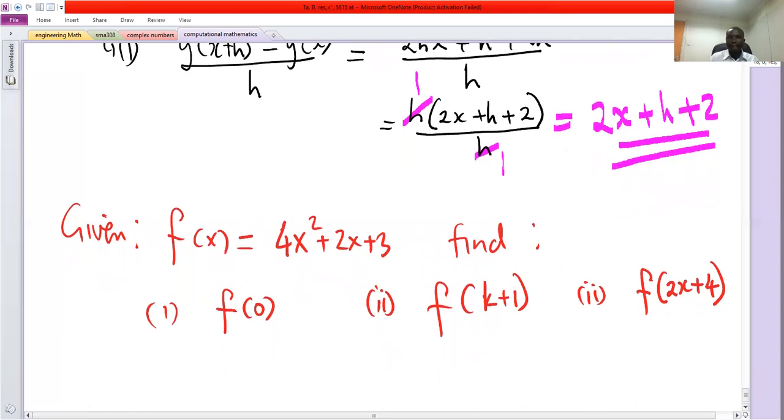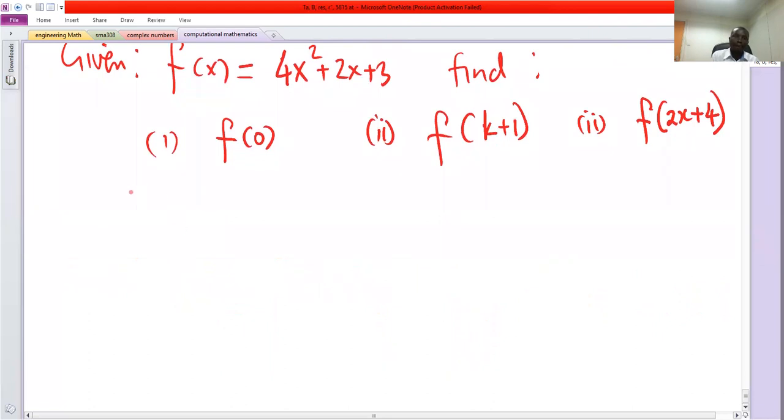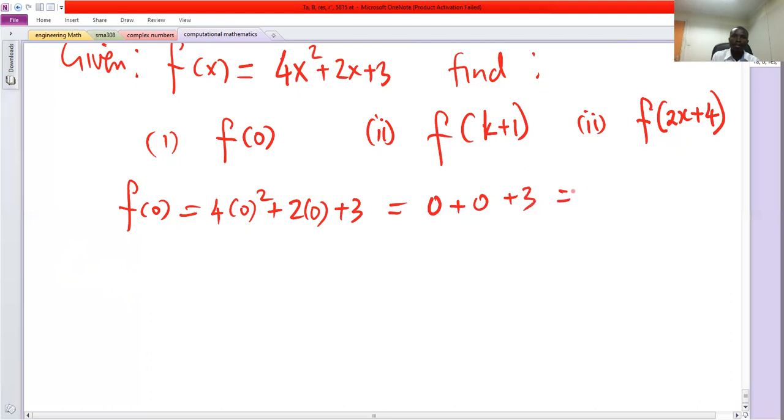So here, f of 0 means where there's x, you put 0. So we'll have 4 times 0 squared plus 2 times 0 plus 3, which will be 0 plus 0 plus 3, which is 3.